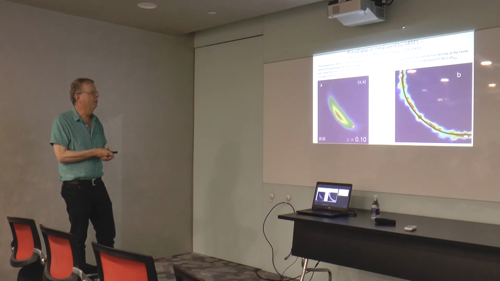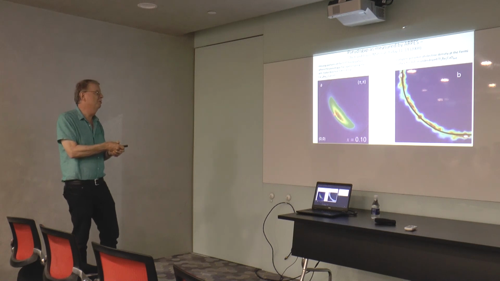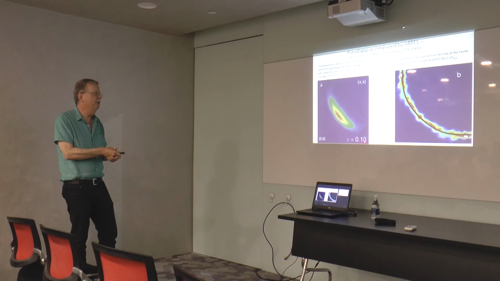There's a gap opened up, and you see, these colors indicate density of electrons, and blue says there's nothing. So over here, along this direction, you see a lot of electron density. This is a non-pseudogap answer. This is below TC in this material, right? So I'm not trying to demonstrate pseudogap over here. I'm trying to demonstrate pseudogap over here. So along this line, from here to here, there's no density, and from there to there, there's no density.